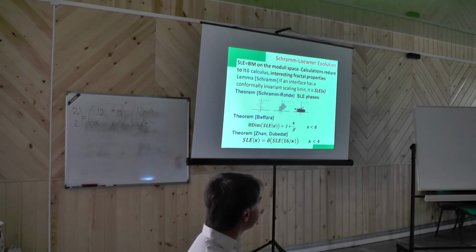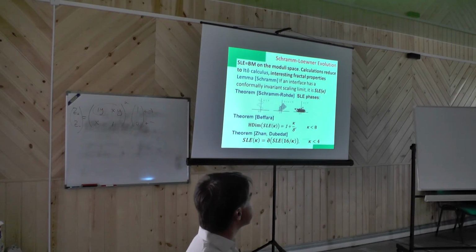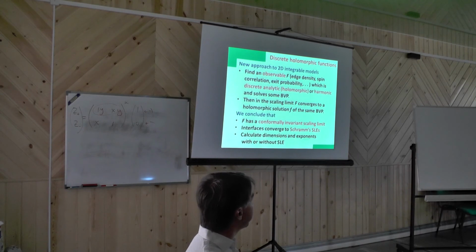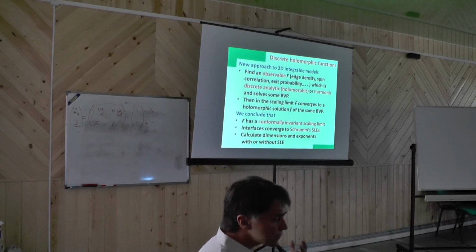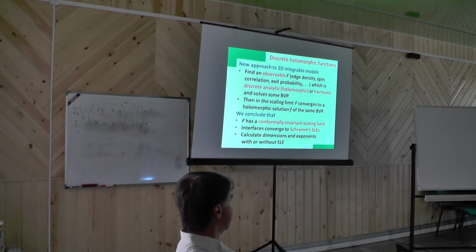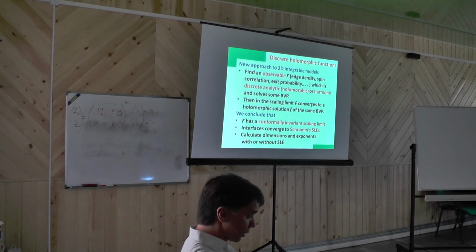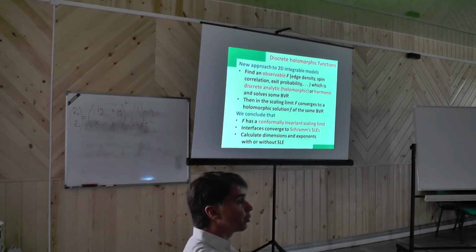But now, how do you prove these theorems? How do you actually prove that percolation indeed converges to SLE6? You need to observe some complex analysis on the discrete structure, and as I said, people often say that these two-dimensional models are exactly solvable or integrable.